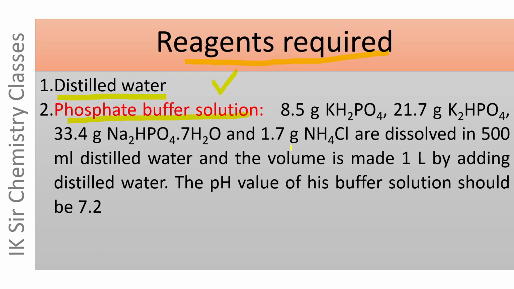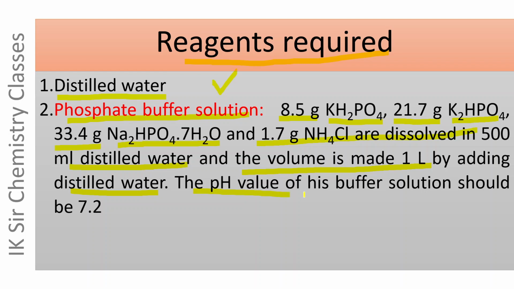For the preparation of this solution, 8.5 gram potassium dihydrogen phosphate, 21.7 gram potassium monohydrogen phosphate, 33.4 gram sodium monohydrogen phosphate heptahydrate and 1.7 gram ammonium chloride are dissolved in 500 ml distilled water, and then the volume of the solution is made 1 liter by adding further distilled water.